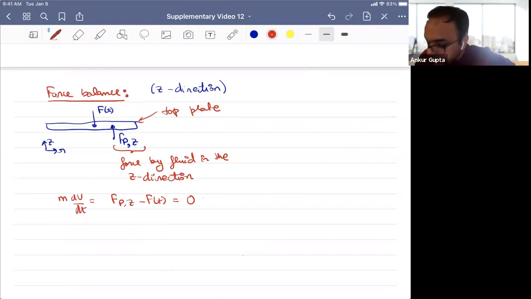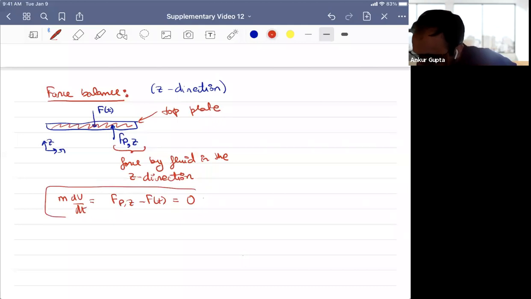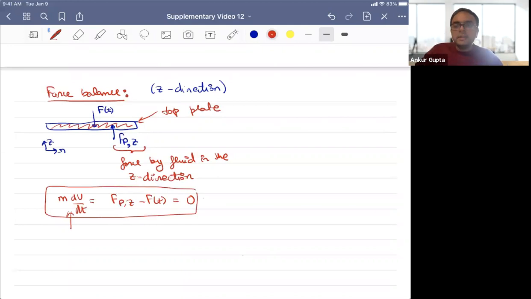We are applying the force externally using Ft in the negative Z direction, and there's some force from the fluid on the plate in the positive Z direction because of pressure. If I write this balance on the plate, then I can write m du/dt, which is the mass times acceleration for the plate, equals Fpz, the positive force, minus Ft, the negative force, in the Z direction.